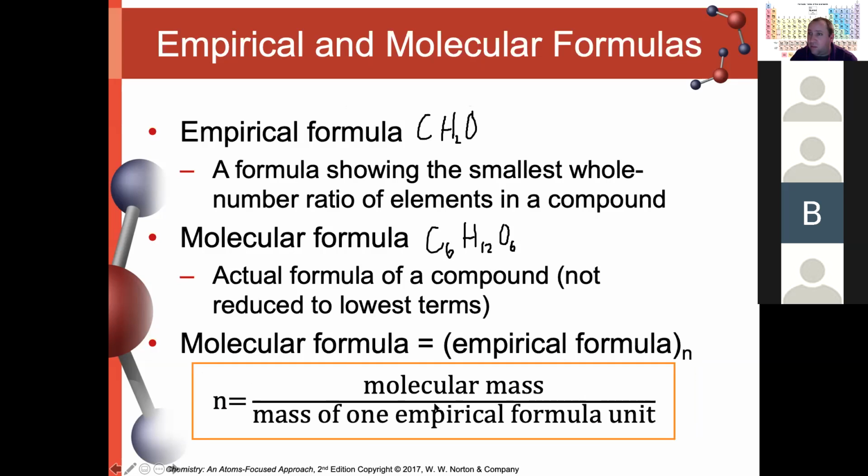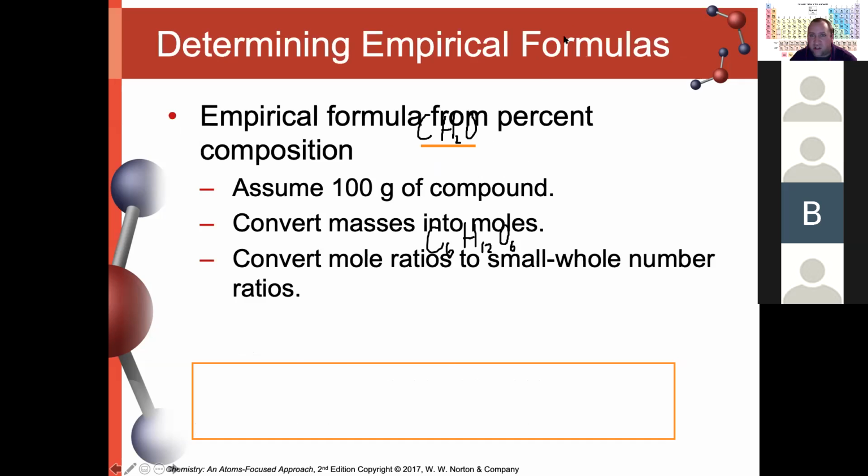And the way that we find the multiplier is we take the molecular mass that we have obtained by some other type of experimentation, and we divide that molecular mass by the mass of this empirical formula. And theoretically, the number here should come out to be pretty much a whole number. And that whole number we can then multiply by my empirical formula to get the molecular formula. So let's see this in action.